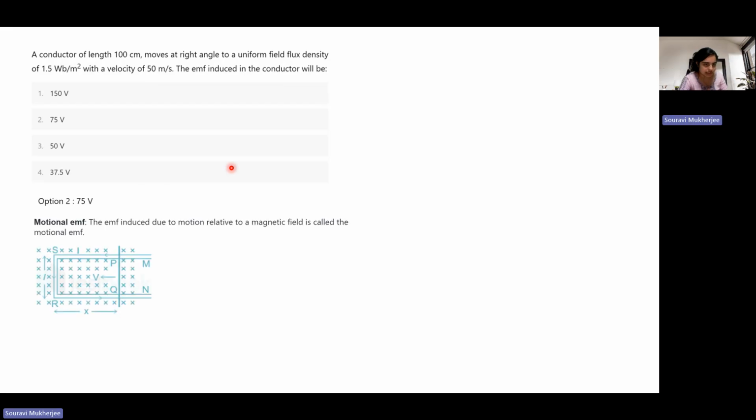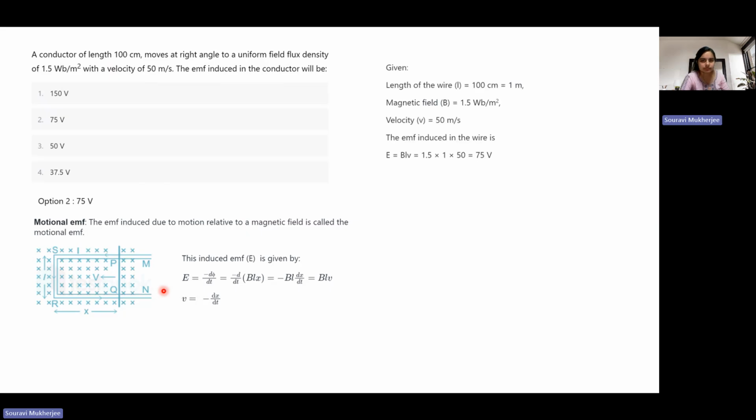Let's see how. You have this conductor moving with some velocity v. The velocity is given, the length of the conductor is given, and the magnetic field strength is given. As you move, we know that the induced EMF is given by this relation here. You know V, you know L, you know B, so you know the EMF. This is just a direct application of the formula we just derived.